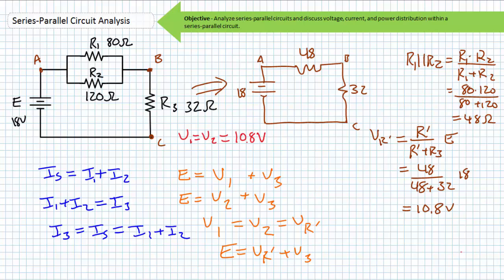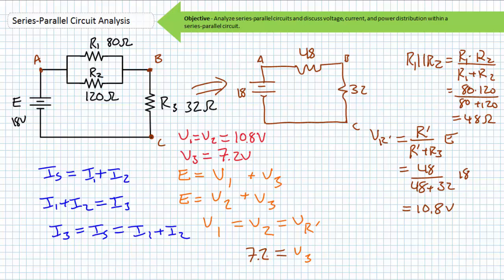We can use another iteration of the VDR or Ohm's law to solve for V3. However, we can also use Kirchhoff's voltage law to solve for V3. Our earlier KVL analysis suggests E equals VR prime plus V3. Substituting in the given value of our source and the calculated value of VR prime, and solving for V3, we find V3 to be 7.2 volts.